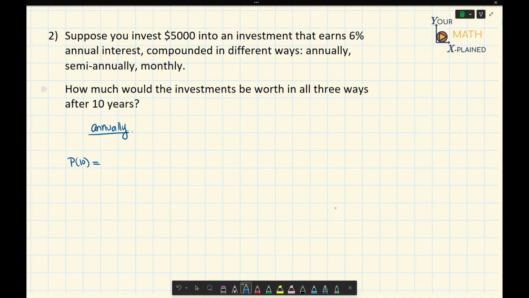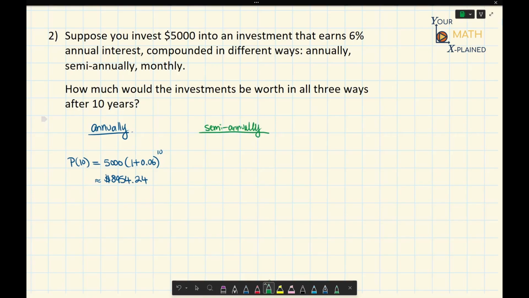So that is equal to the amount that we started with, which is 5,000, multiplied by 1 plus the rate, which is 0.06, and we're going to raise that to the power of 10 for the 10 compounding periods. And if you put that into your calculator, you're going to get roughly $8,954.24.